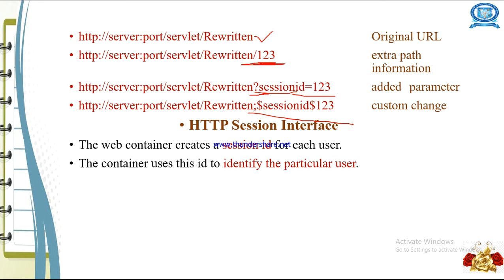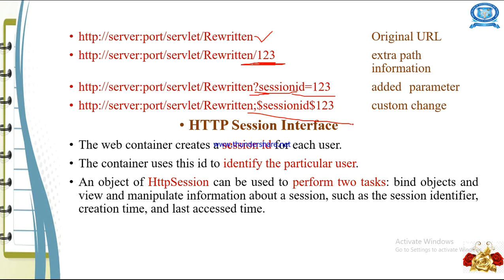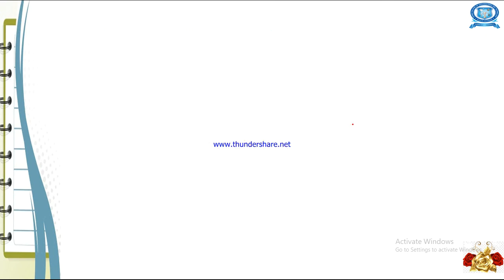So the container uses this ID to identify the particular user. An object of HttpSession can be used to perform two tasks: bind objects, and view and manipulate information about a session, such as the session identifier, creation time, and last access time.